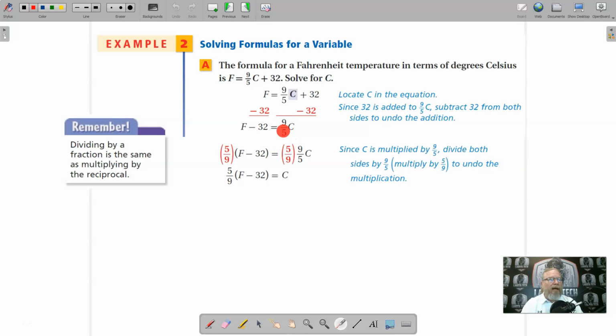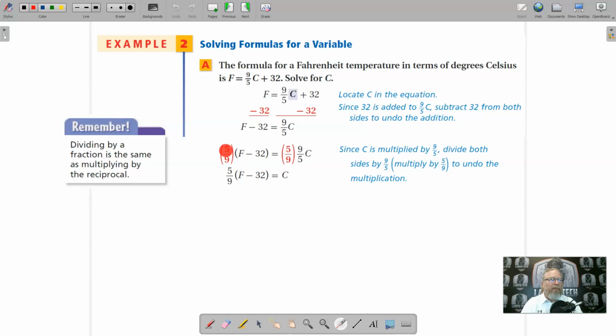So let's multiply 9/5 times its reciprocal. Remember, its reciprocal is just flip the fraction over. So we have 5/9. What we do to one side, multiplying the right times 5/9, we're also going to multiply the left times 5/9 as well. Over here, 5/9 times 9/5 is equal to 1. 1 times C equals C, so we end up with just C on the right.